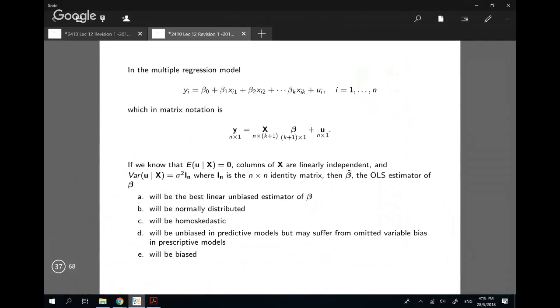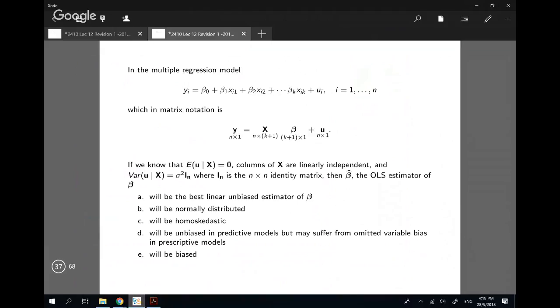Okay, not this one, we've done this one, right? Okay, this one. Zero conditional mean, columns are independent, variance is sigma square I, where I is the identity matrix. What's an identity matrix? A diagonal matrix is where the diagonal can be any value and the off-diagonals are all 0.